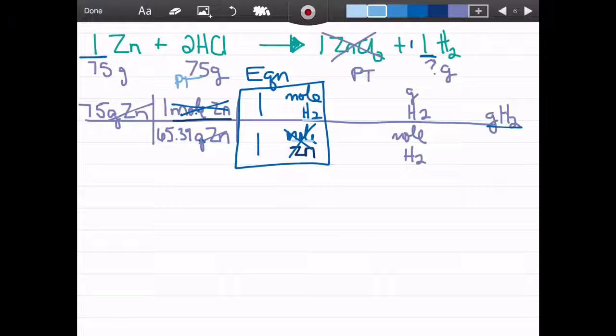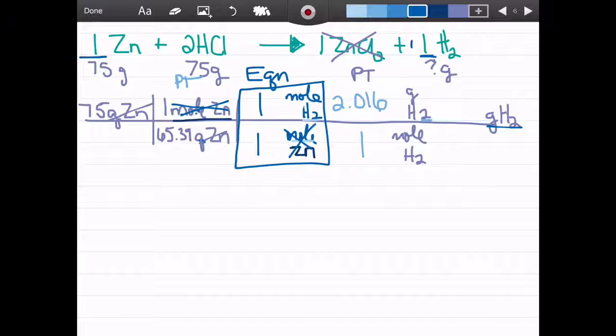So if I look at hydrogen on the periodic table, I have 1.0079. Now, that is only 1 hydrogen, so I need 2 hydrogens because it's H2. So I'm going to multiply that by 2 and get about 2.016. And again, I always have 1 mole on the opposite side of grams.